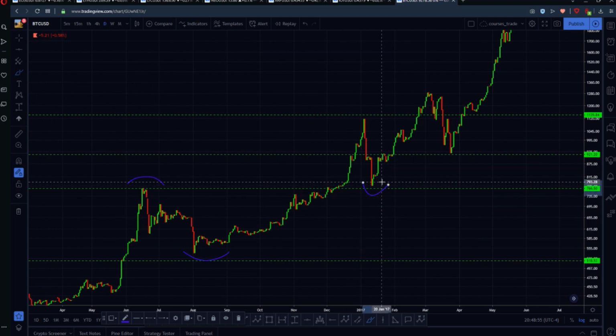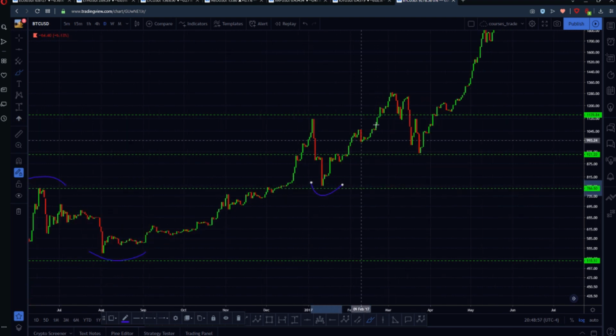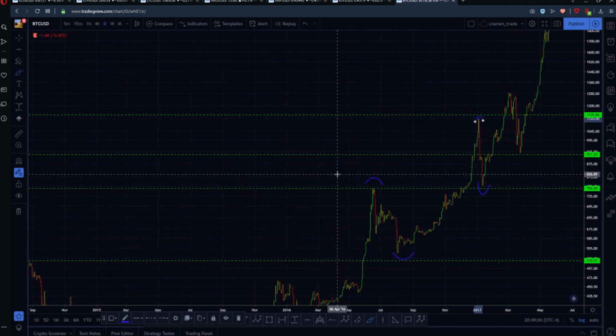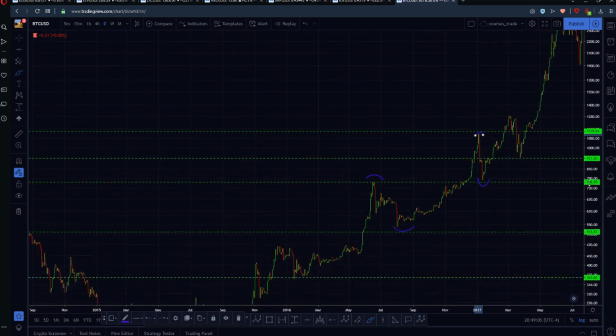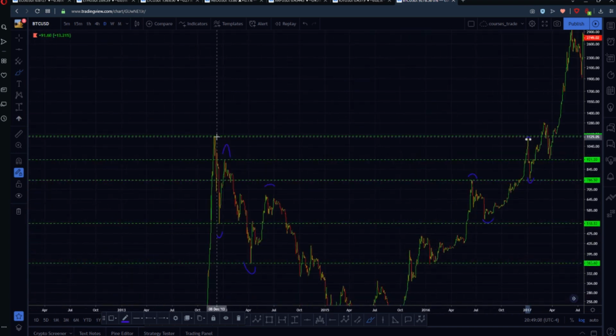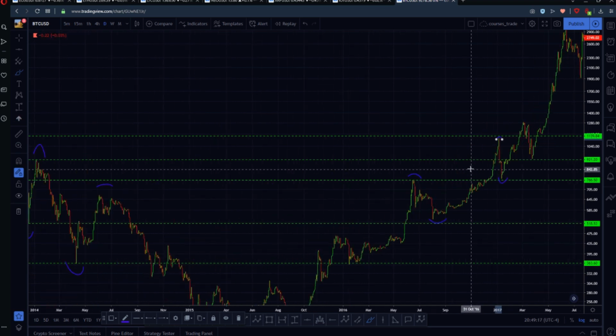Okay, now we got another. There's enough demand here to launch another bull rally. Now here we got this top that could have been considered as a support, as a resistance. This resistance has been established for 5 years. Now 4 years, this is a very interesting zone.